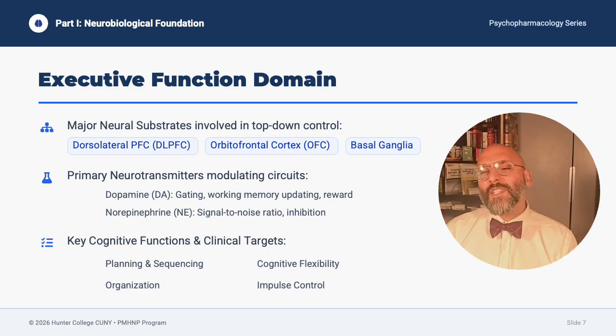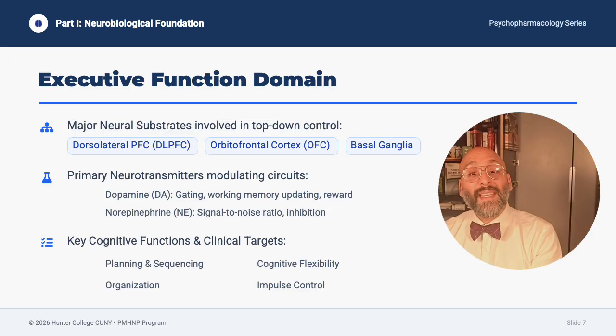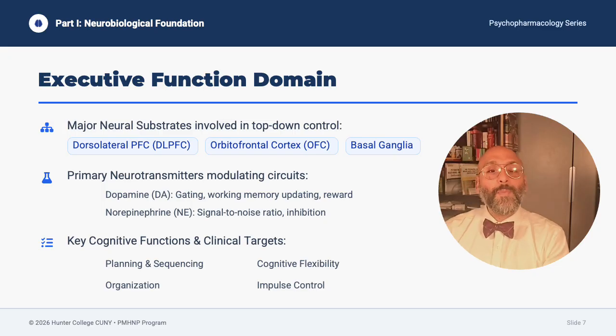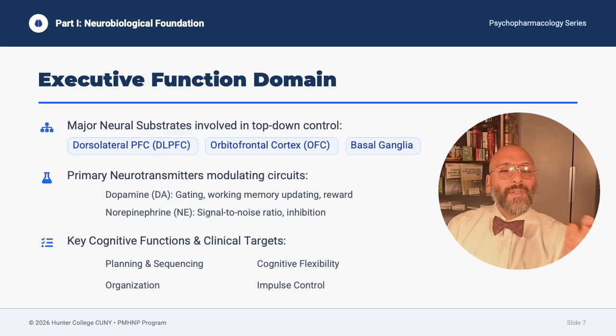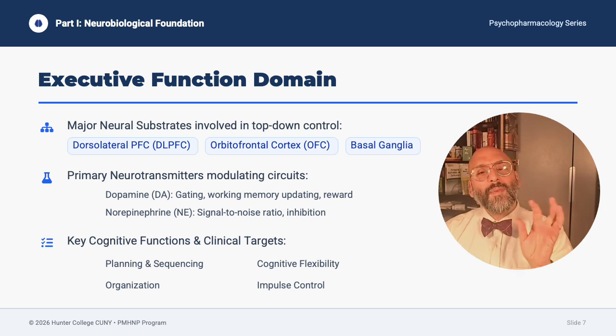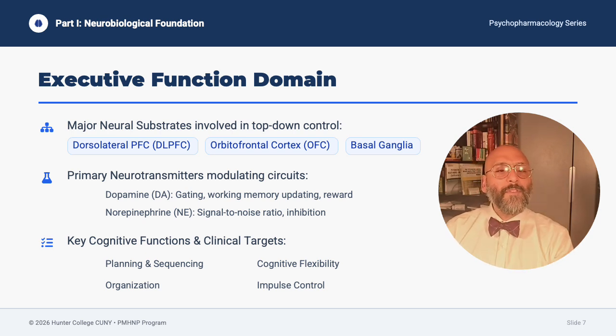So executive dysfunction is rarely about one structure failing. It's about poor coordination across these networks. And dopamine modulates that gating and updating. So it modulates what information matters right now.